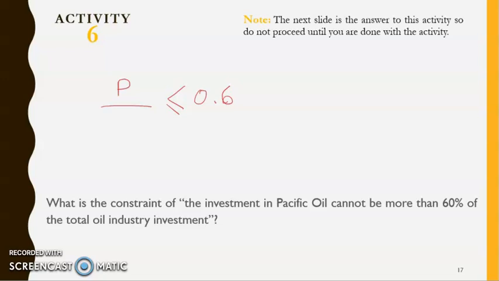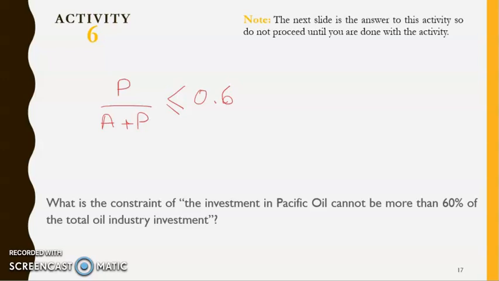You see how I translate each word that I see in this constraint into math. Of the total oil industry investment, we have two companies in the oil industry, Atlantic and Pacific. So it would be the total amount of investment in the oil industry, A plus P. And after that, you can have it in this way. If you leave it in this way, it is completely correct. No problem with that.